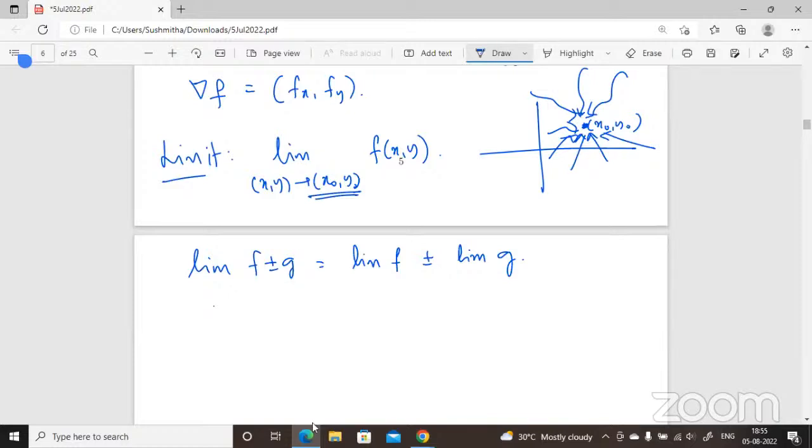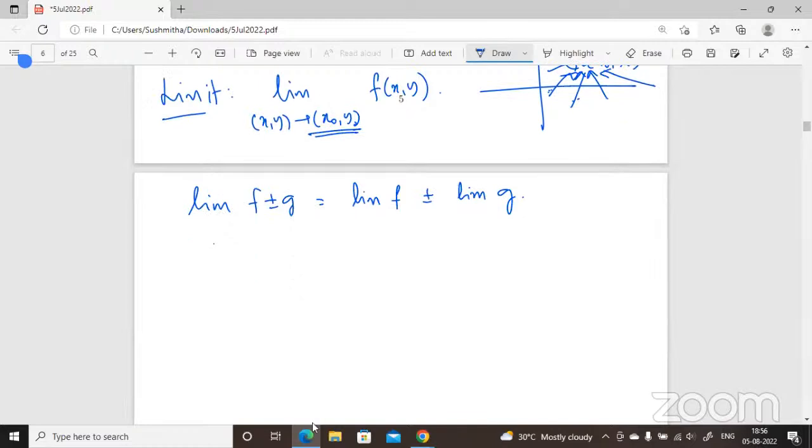So the limit exists if the limit along all the infinitely many directions is equal, and checking along infinite directions doesn't make sense. So checking that the limit exists is actually a tough task, but showing that the limit does not exist is much easier, because you just have to find two different paths along which the limiting values are not the same. They have to be the same if the limit exists; if they are not the same along even any two paths, then the limit does not exist. So showing the limit does not exist is much simpler.